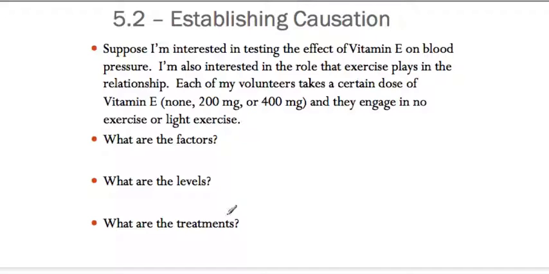There are 2 factors. For one of those factors, there are 3 levels, and for the other factor, there are 2 levels. There are a total of 6 treatments. Pause the video again and check your answers and see if they fit with the numbers that I gave you here.